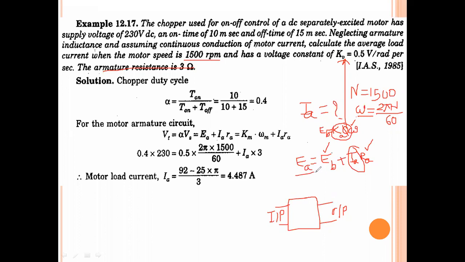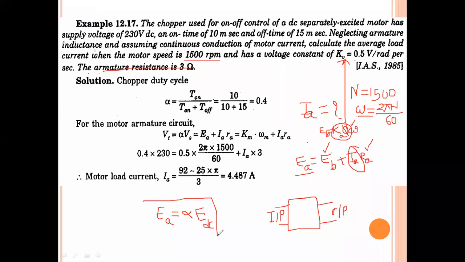In order to calculate the output voltage, we know the relation between input voltage and output voltage. The output voltage, or the armature voltage, is equal to the duty cycle alpha, or D or delta, anything, into the input voltage EDC.